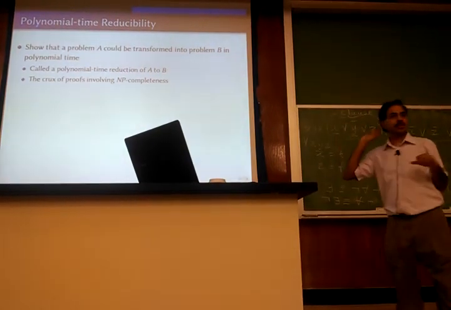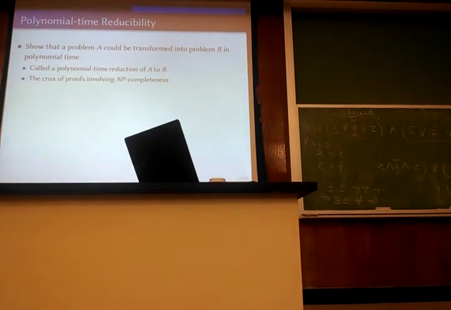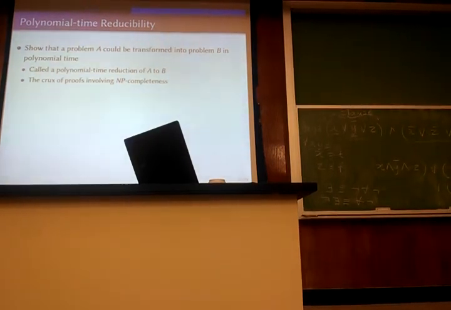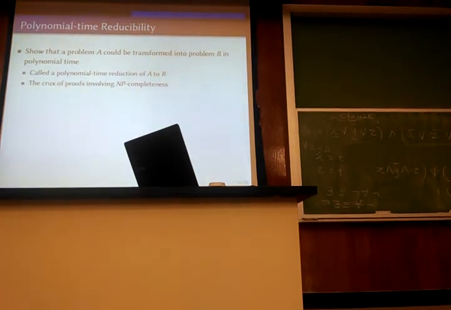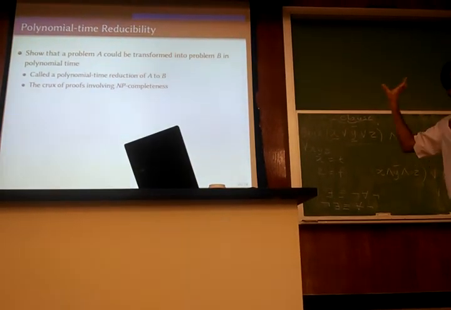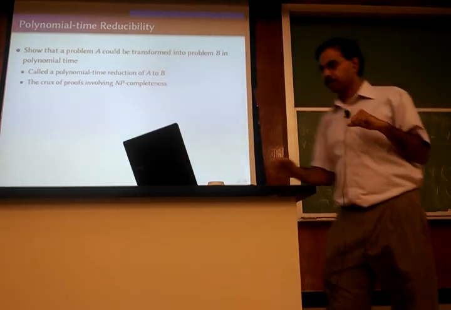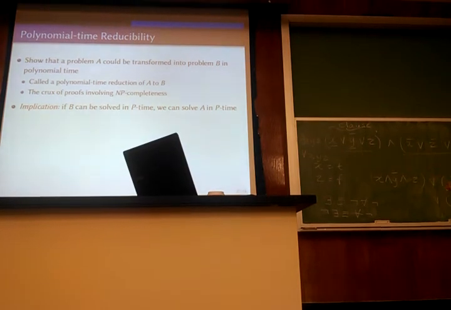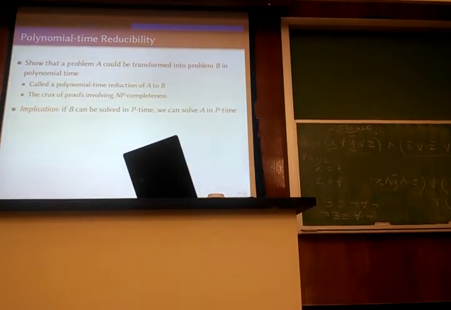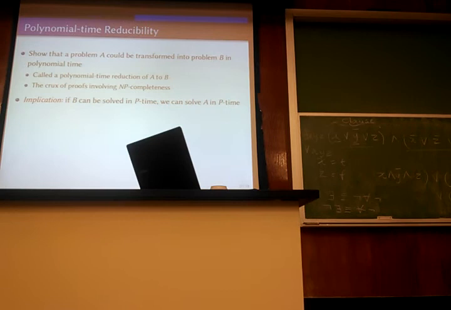So we want to say that two problems have similar levels of difficulty if I'm able to take one problem and transform it in polynomial time into another problem. Most of the proofs, or rather every proof, in NP completeness involves this type of reduction, right?